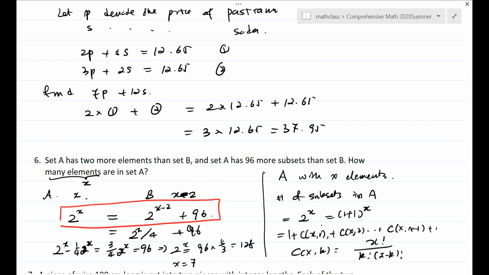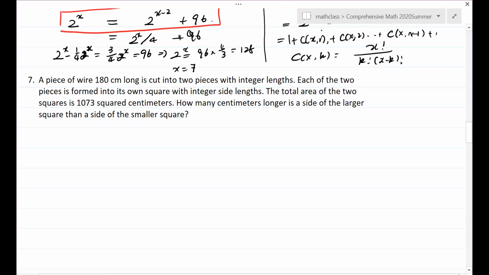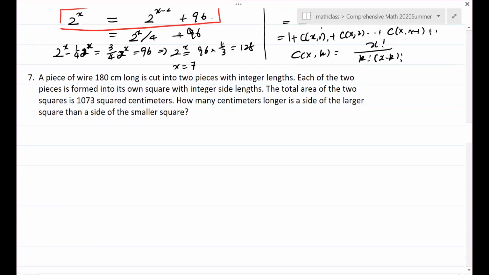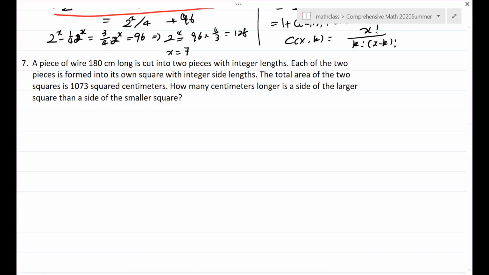All right, so let's take a look at the next one. A piece of wire 180 centimeters long is cut into two pieces with integer length. Each of the 2 pieces is formed into its own square with integer side.